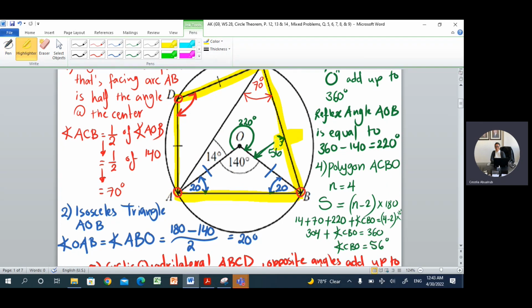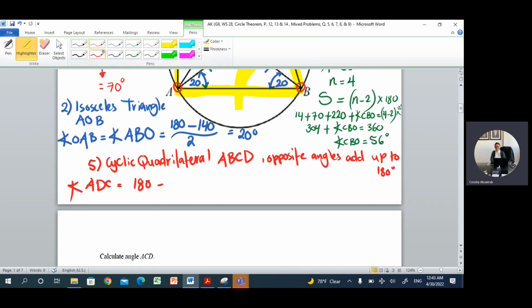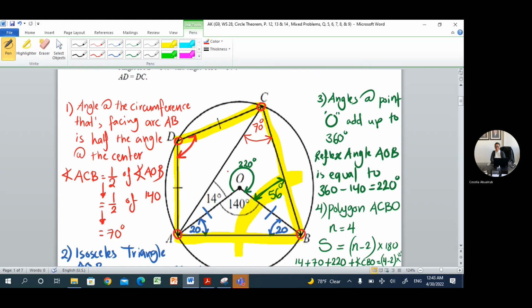The opposite angle is this angle, which is the 56 plus the 20, right? So minus 56 plus 20. So this angle will be equal to 104 degrees. So this angle is 104 degrees.